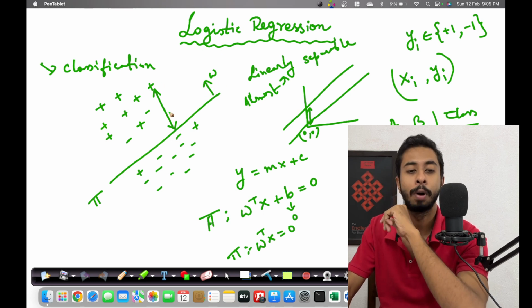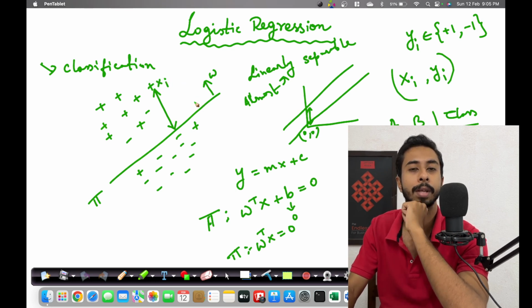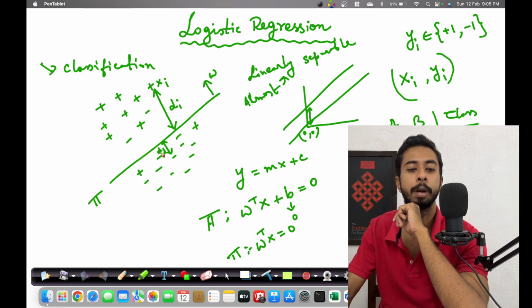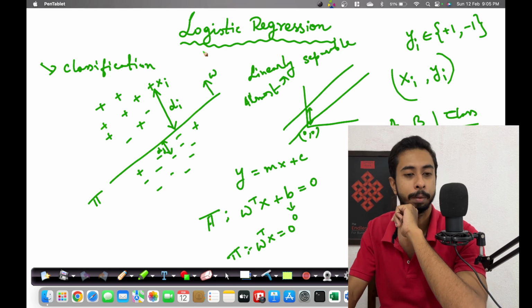So what is the distance of a point? Say this is a point called xi, a positive point xi. Let's say this distance is di, and let's say the distance of the plane from a negative point is dj, just for example.